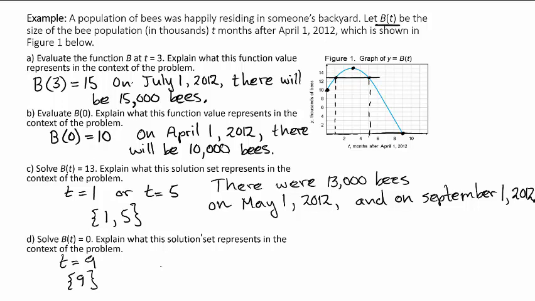Okay, and so what does this represent? Well, it means that the bees are completely gone, wiped out, 9 months after April 1st. You can say that, or you can come up with the exact date, right? So I'm thinking a month after April, we're at May, June, July, August, September, October, November, December, January. On January 1st, 2013, there are no more bees.